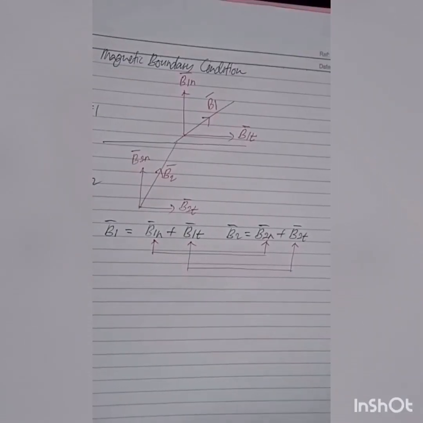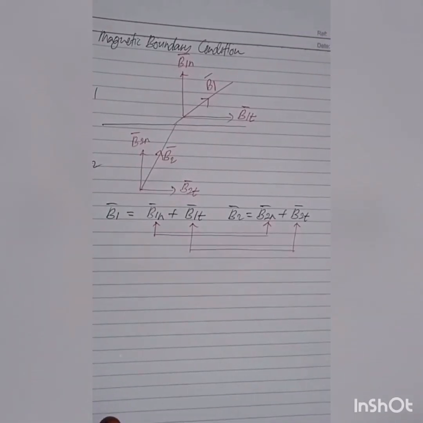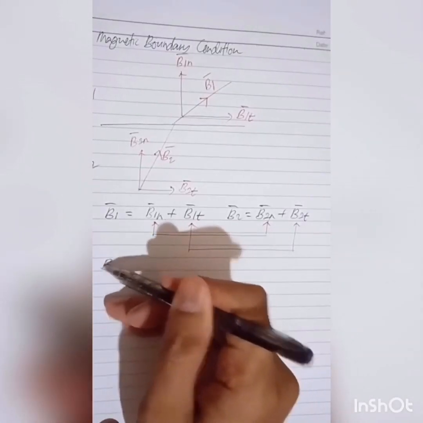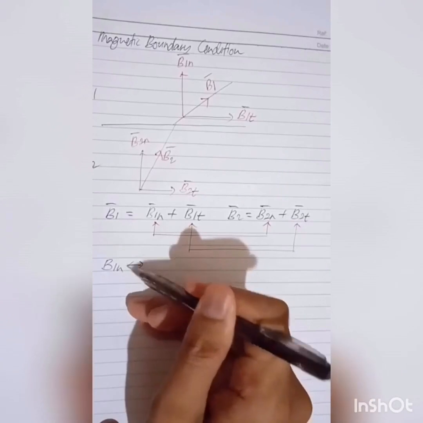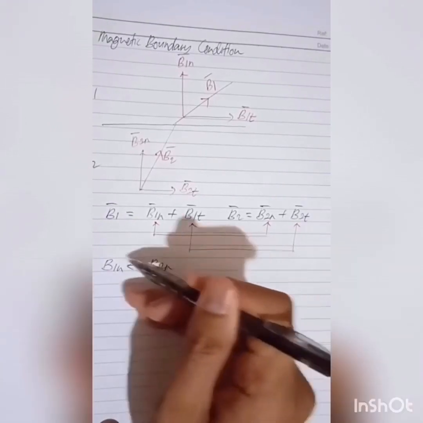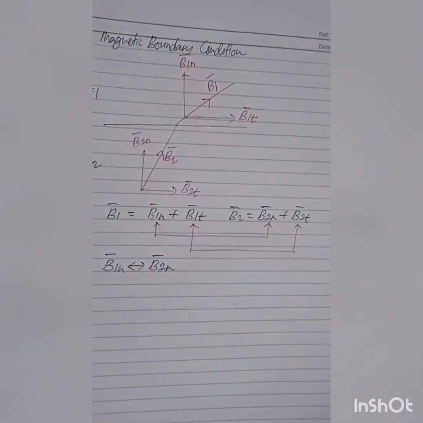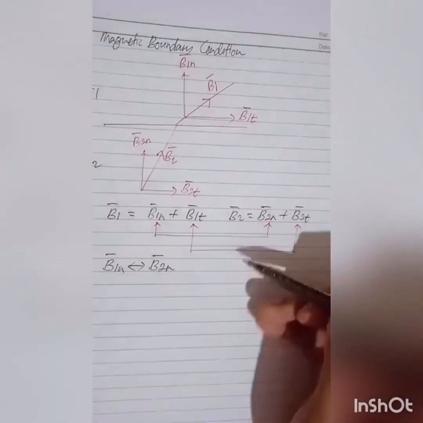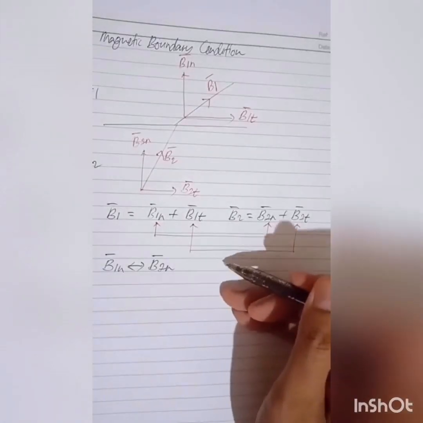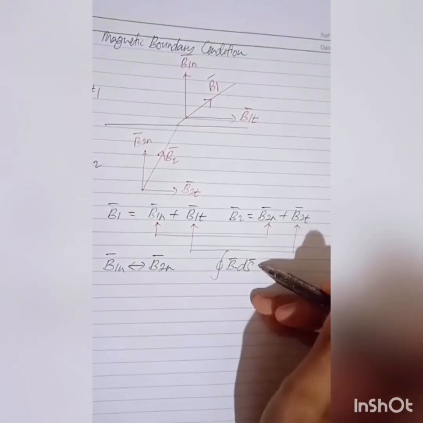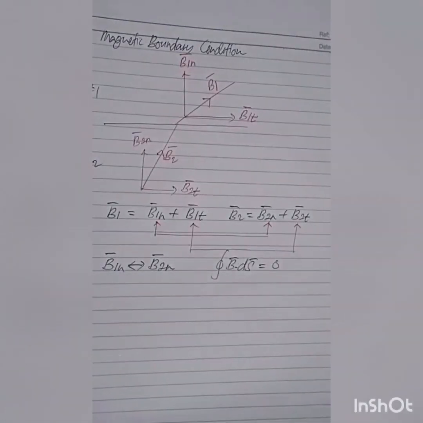So how do we find the relationship between these two components? For the case of B1N and B2N, to find the equation relating them, we can simply use our fourth Maxwell equation, which can be expressed as the closed integral of B dot dS equal to 0.